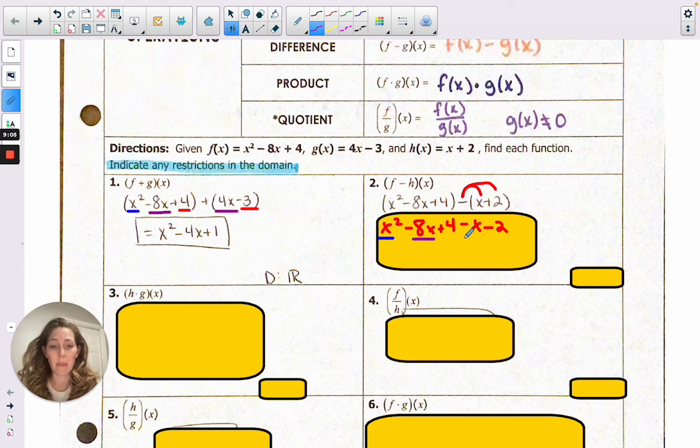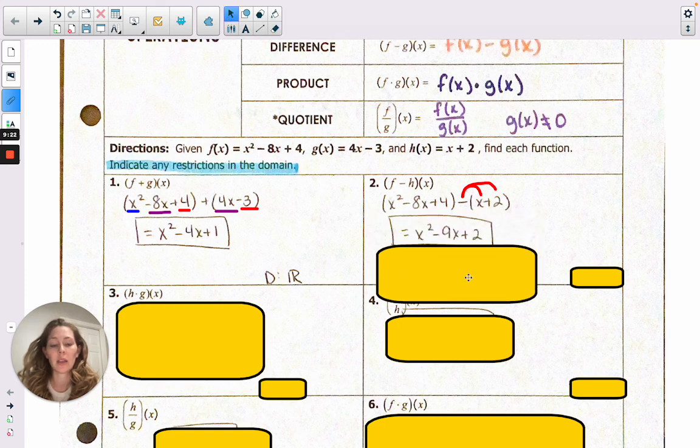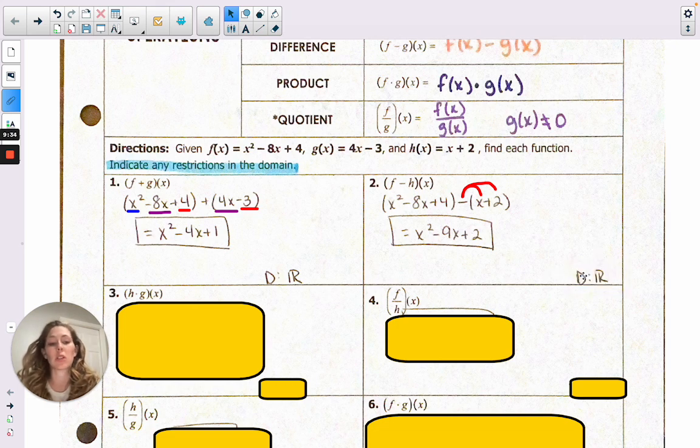Negative 8x minus 1x, minus a single x, think about what that is. Plus 4 minus 2, think about what that is. Hopefully you have that. And line 3 would be the combining. So my x squared, negative 8x minus 1x is negative 9x. 4 minus 2 is a positive 2. Again, no domain restriction, because you do not have any x in the denominator.